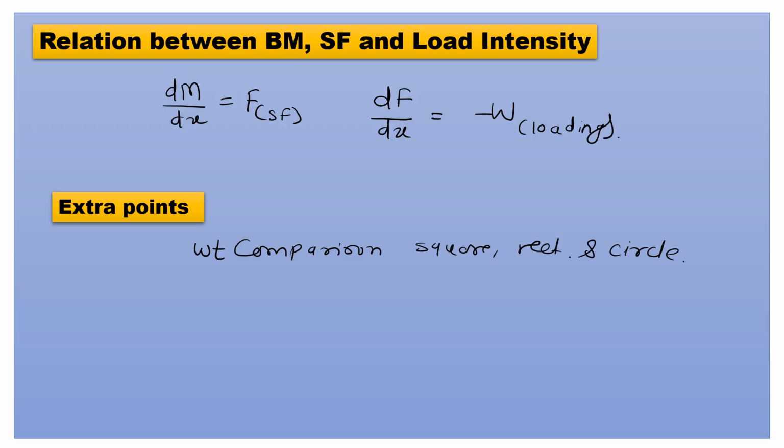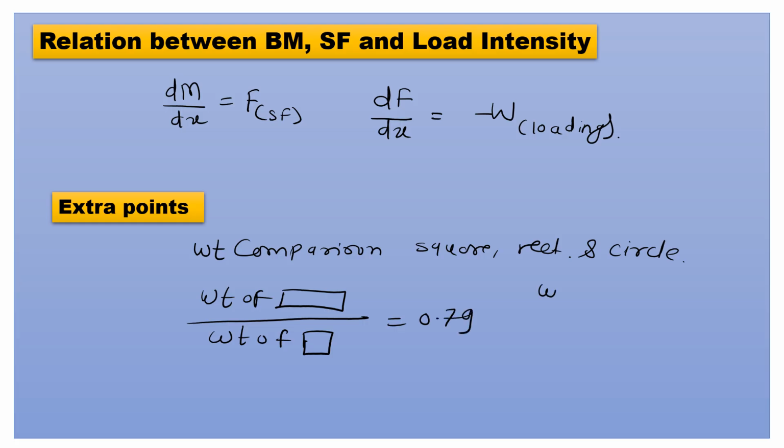The weight of rectangle to the weight of square is equal to 0.79, and the weight of circle to the weight of square is equal to 1.11. So these both are important values, and this question is also asked in exams.